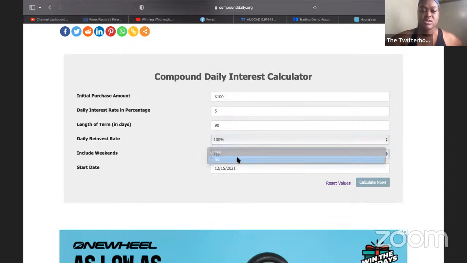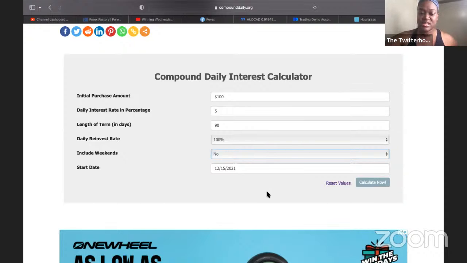100%. All right. So we're going to grow this $100 by 5% a day for 3 months, reinvesting 100%. So for those 90 days, we're not going to pull anything out. And we're not including the weekends because the market closes Friday evening, doesn't reopen until Sunday evening.